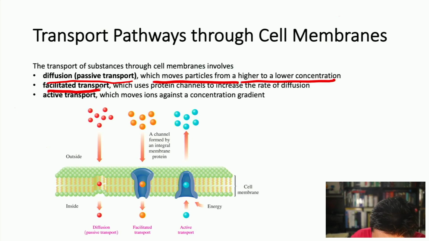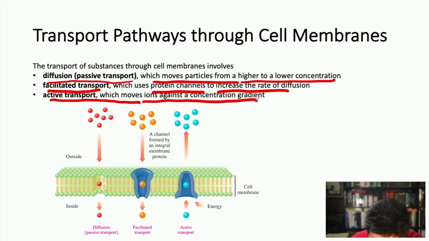There's facilitated transport, which uses protein channels to increase the rate of diffusion. That's how the cell gets different materials from outside the cell to inside the cell that are specifically needed, and that's with the transport proteins. And then there's active transport, which moves ions against the concentration gradient.